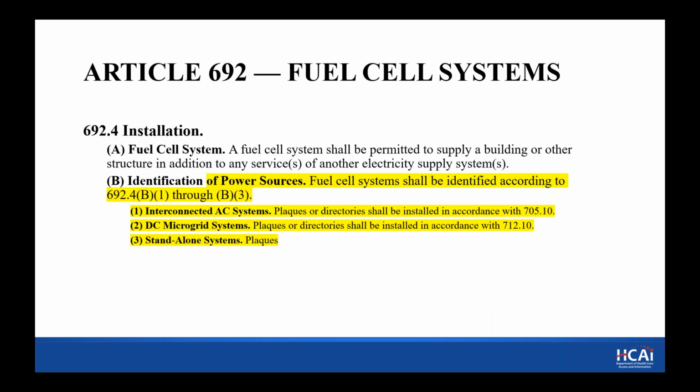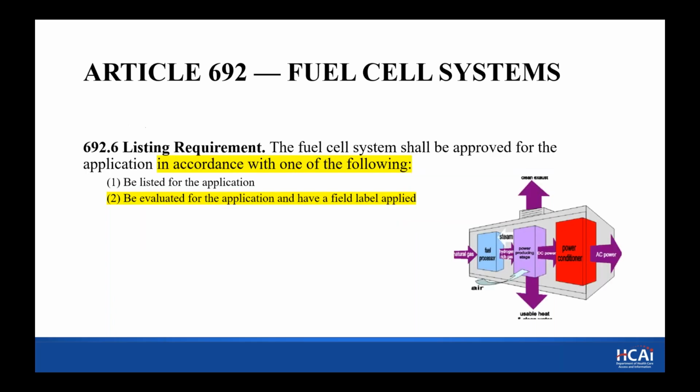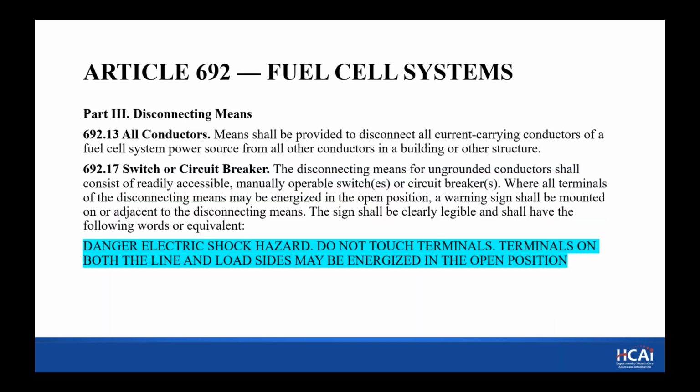Fuel cell system 692, this is continuing to evolve. Identification of power sources, again, the same safety requirements for identifying that there's an alternate source that is connected to the utility source. Listing requirements are the same as we saw for the PV systems.